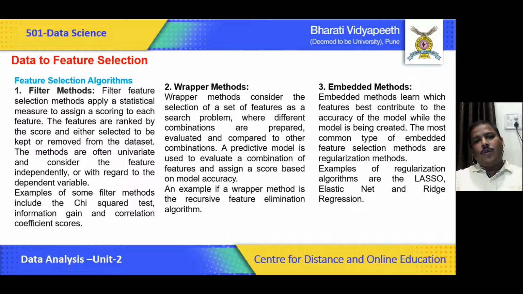So depending on your rank, your score, your statistical value, we can decide whether a particular feature can stay in the data set or be removed. We have to decide sometimes, because we have to select the features.